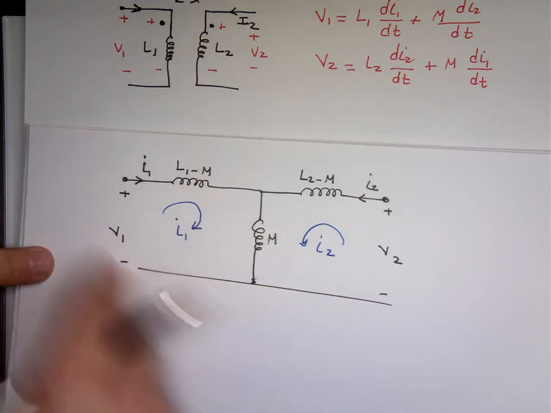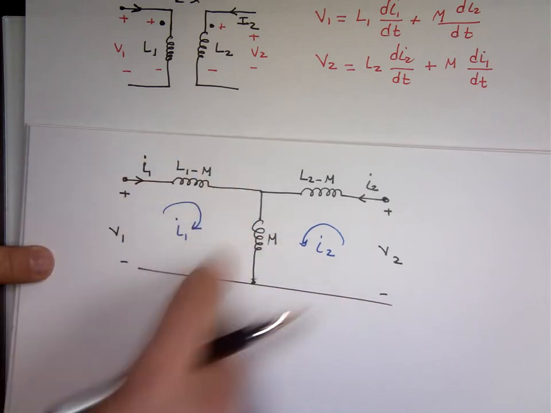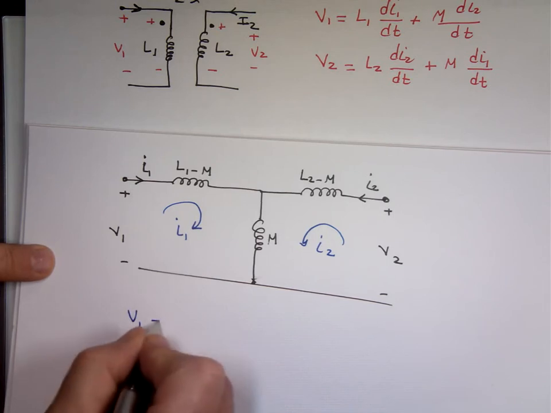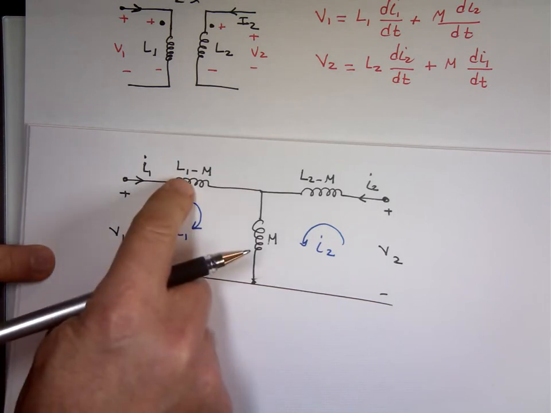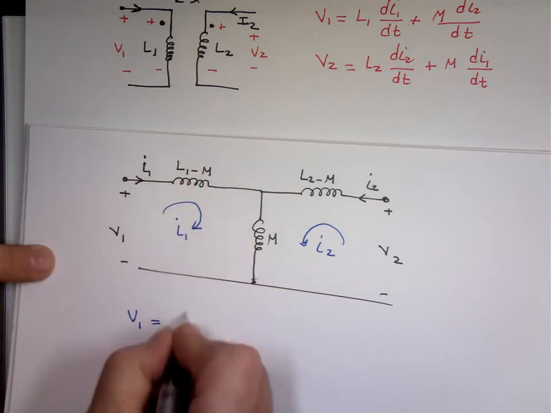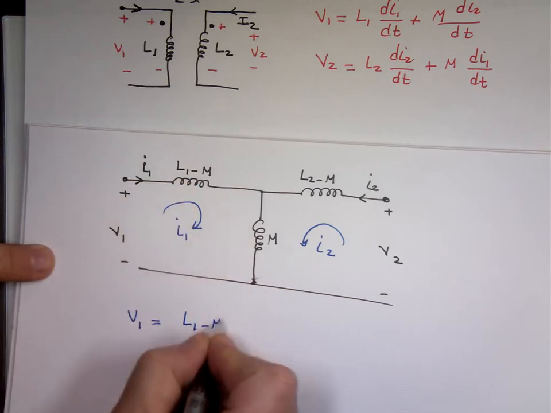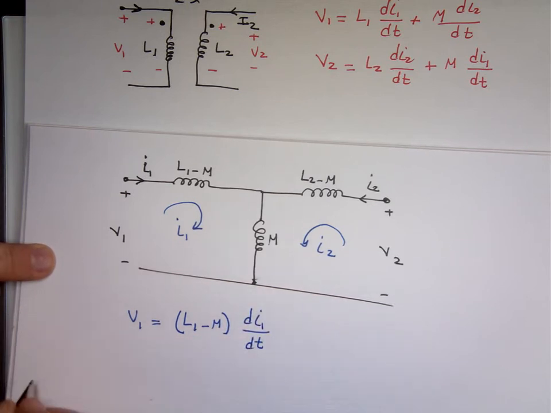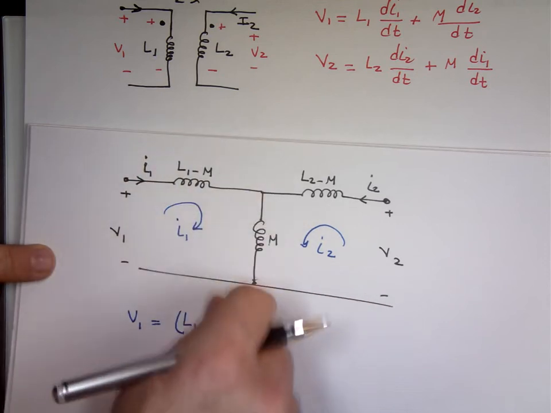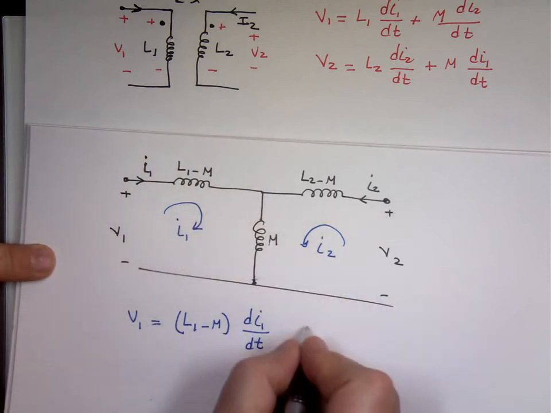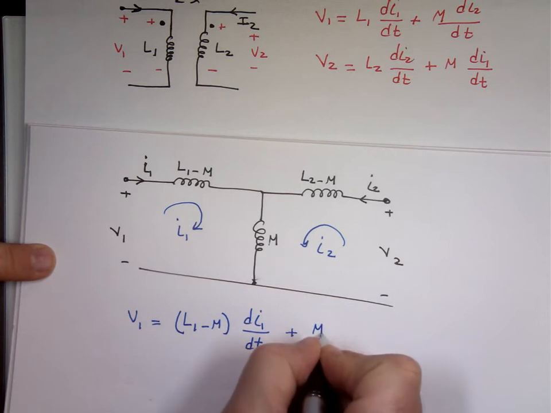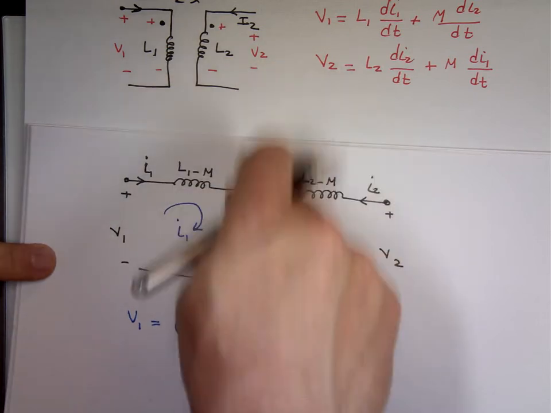Let's find what V1 is, let's do KVL right here. V1 is going to be what? This inductor, L1 minus M times what? di1 dt. Keep going down. Plus, I'm going to travel down, M times the current down. What's the current down?